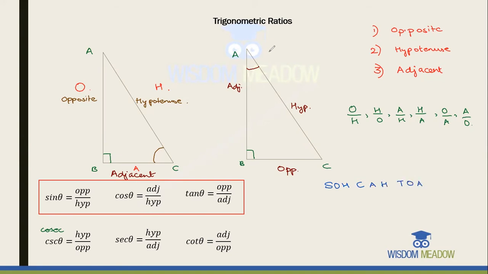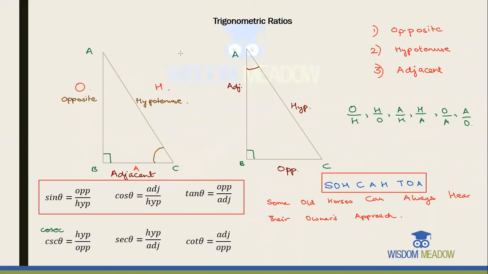There is a saying related to this, that is some old horses can always hear their owner's approach. You don't have to remember the saying, but the most important thing is that remember this. So ka tova. So this will help you to remember these 3 formulas.